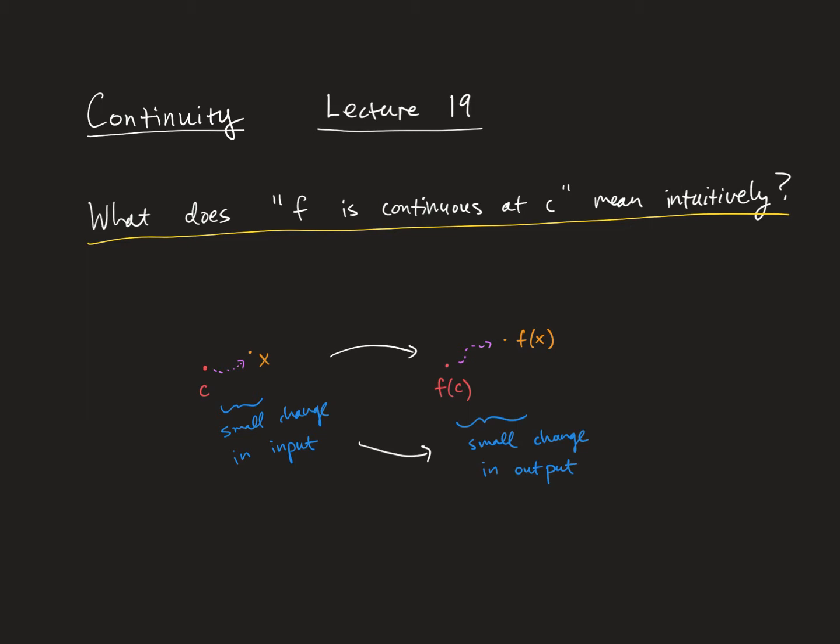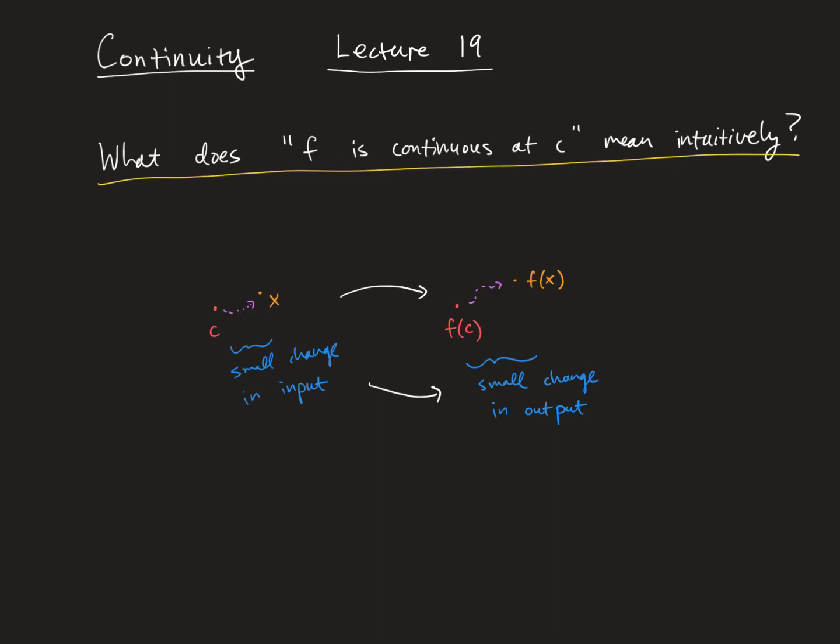So this picture would be contrasted in the case where you had something that was discontinuous. So the discontinuous picture would look something like you have this. So you're taking tiny steps over here, and then your tiny steps all of a sudden get disrupted.